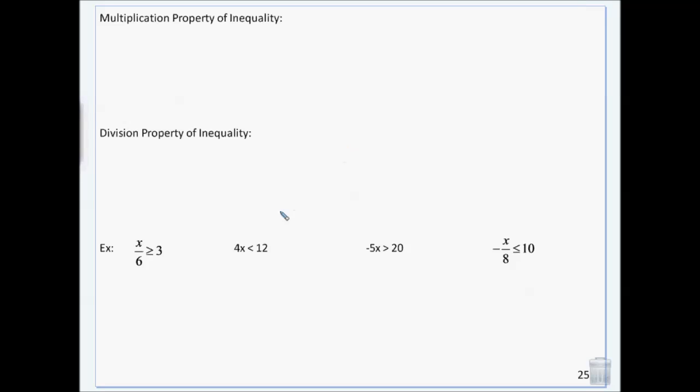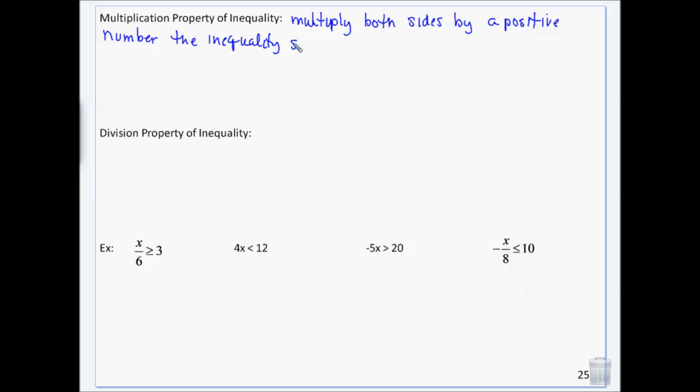But with multiplication and division, if you multiply both sides by a positive number, the inequality stays the same. But if you multiply both sides by a negative number, it does not.